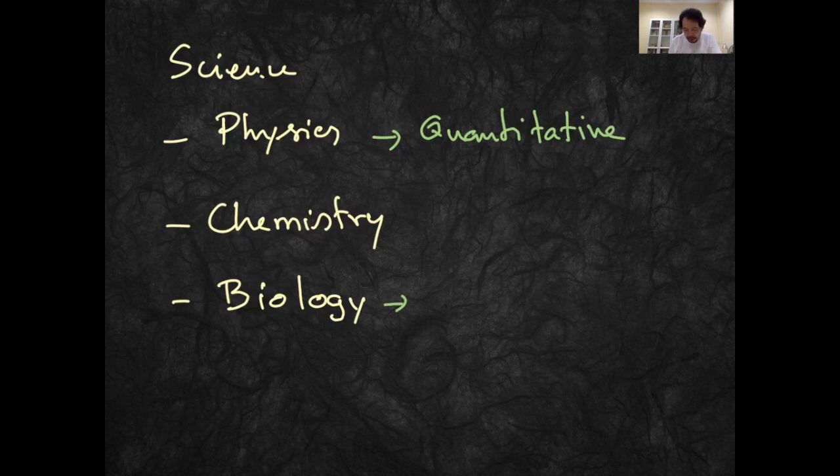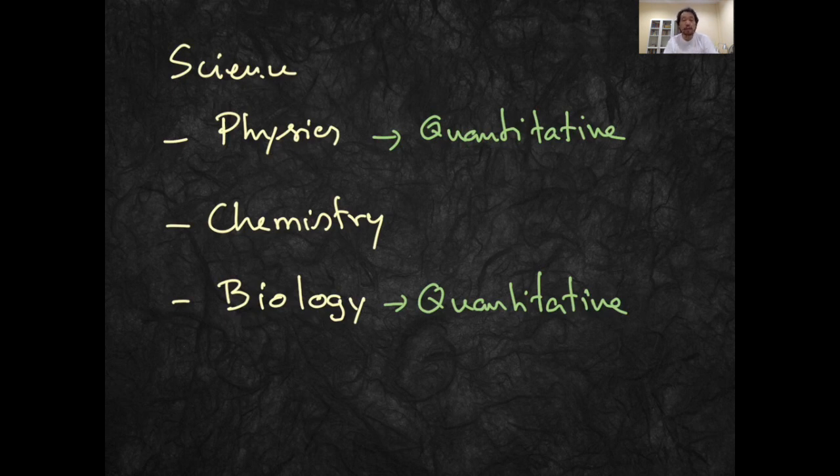You may say that biology is a qualitative science. Even though modern biology tries to make the subject quantitative, in general, you may say that biology is a qualitative science.